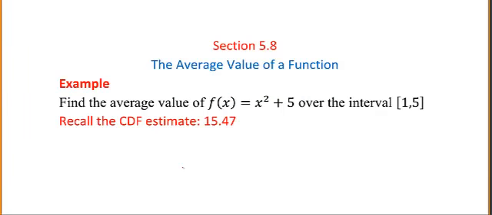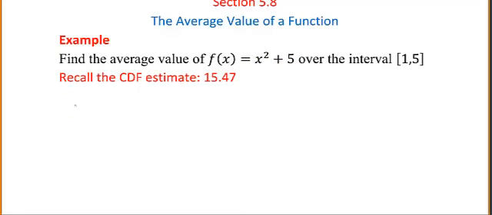Let's actually calculate the average value of x squared plus 5 on the interval from 1 to 5. Remember when we did this before and we got the 20 values, it was about 15.47, which was an estimate.